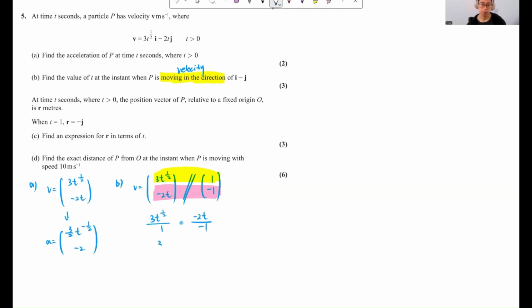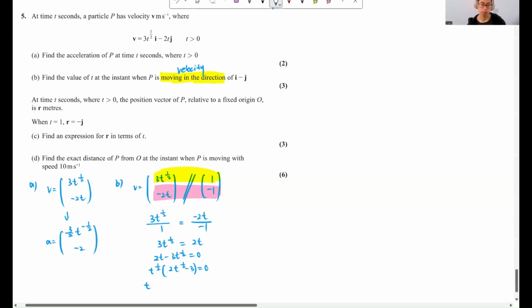In this case, you'll have 3t to the power 1/2 is equal to 2t, and then 2t minus 3t to the power 1/2 equal to 0. If you factorize out, let's say, t to the power 1/2, then you will have t to the power 1/2 times (2t to the power 1/2 minus 3) equal to 0.